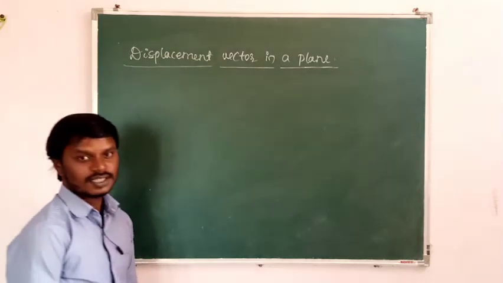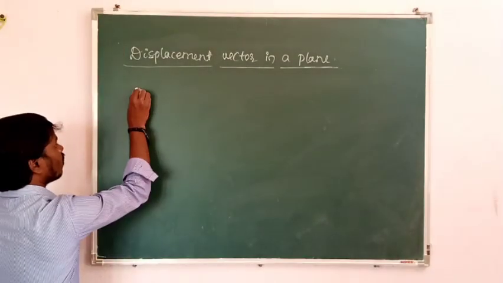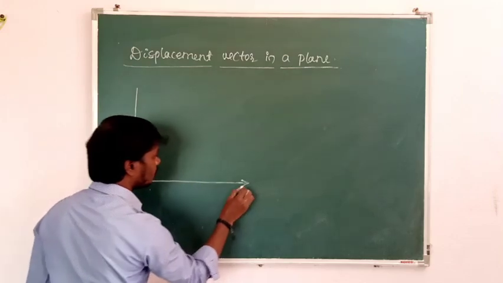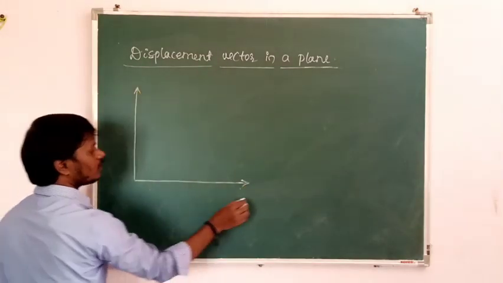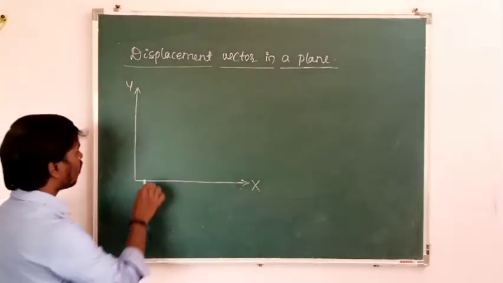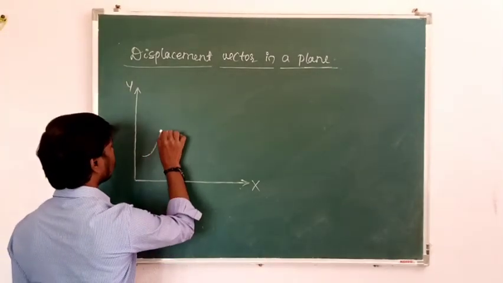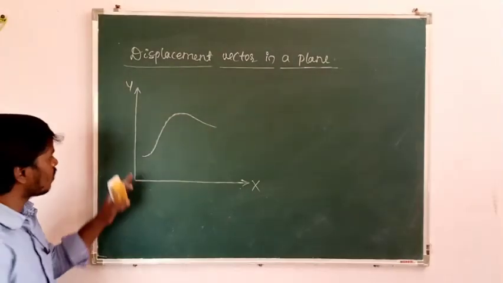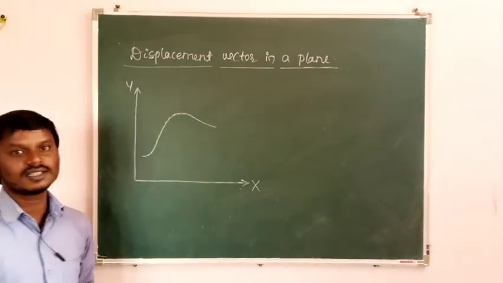So let us consider xy plane. It is xy plane, x and y. There is a particle moving in a xy plane. So it is the path made by the particle. And what is the nature of path made by the particle? That is a curved path.